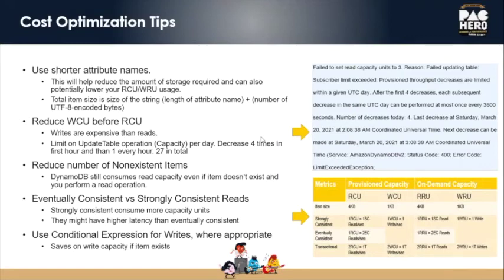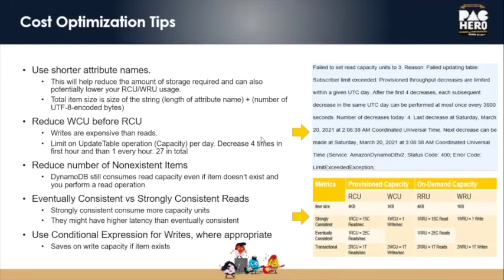Then if it meets that pattern, make a call to DynamoDB. If it doesn't, don't make a call, reject it, and handle it on the application level. If you're not doing that, you're letting the request go to DynamoDB and the item is not found, it will consume the read capacity in that case. That's another tip. If the request doesn't match a pattern, make sure you're rejecting it or handling it on the application layer rather than letting it go to DynamoDB.